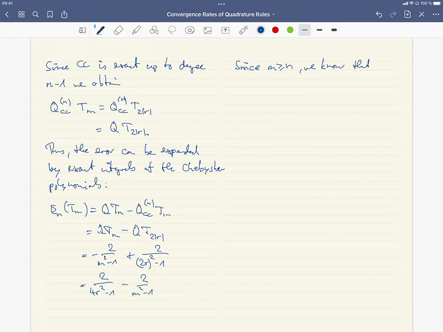We know that 1 over m squared minus 1, the denominator in the second term, behaves like n to the minus 2, right? Or I can estimate it like this. So that means if I take the error when integrating g, I know that this is bounded by this, the n of tm.